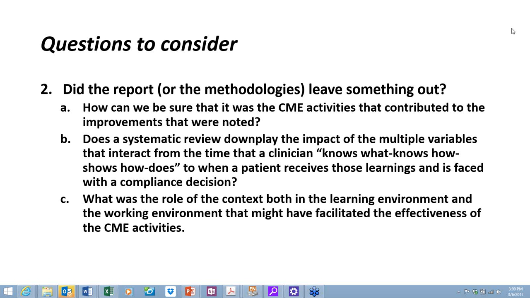We try to pretend that we've controlled for absolutely everything, and everything else is equal but the experimental variable. And in our writings, when we're describing things that are short of an RCT, we will describe the setting as a limitation of the study, and we don't tend to say a lot about it.